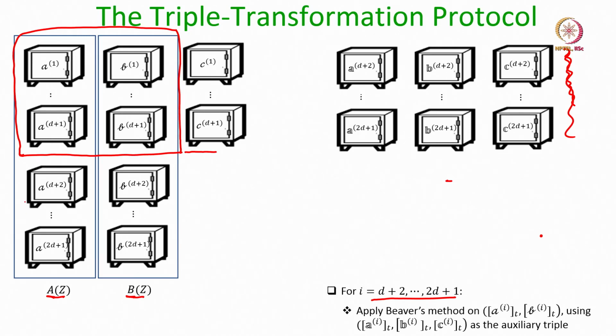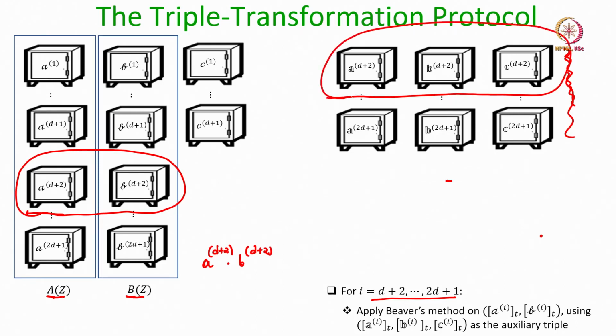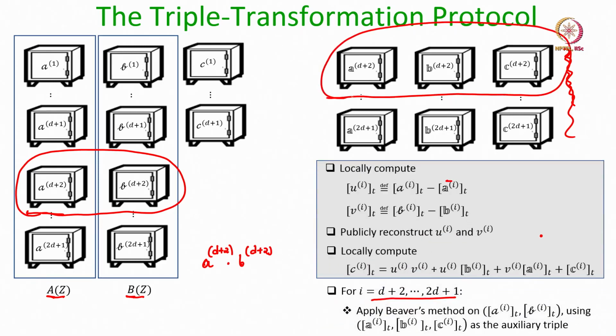So, what we will do now is the following. For instance, we take this pair of values which are points on my A and B polynomial, and now I want to compute a secret sharing of their product. For that I will apply the Beaver's method using this as my auxiliary triplet.